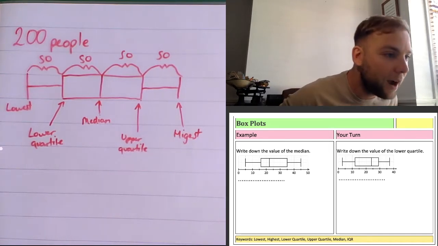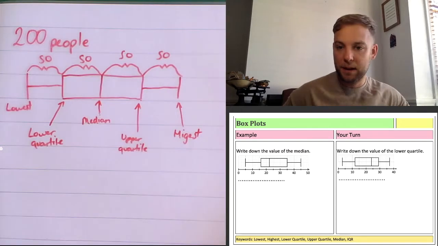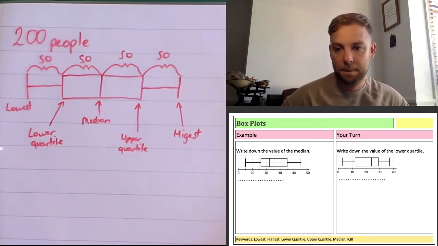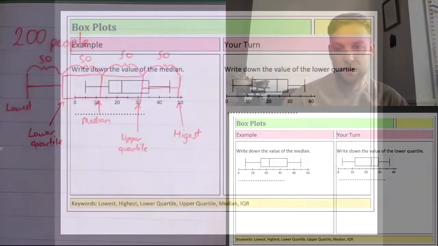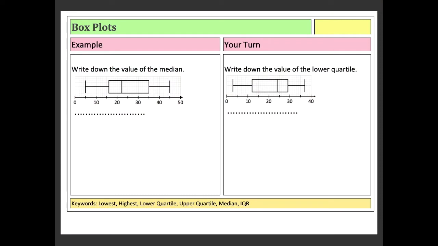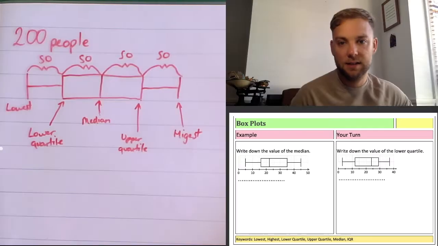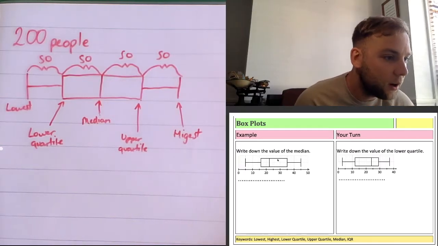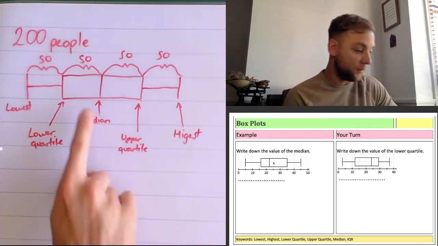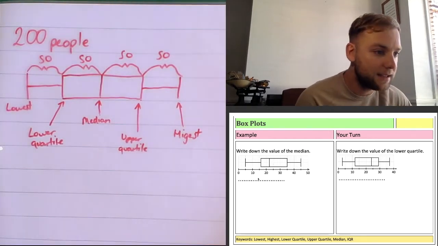So write down the value of the median. I'll make it big for you so you can see it. I think everybody should be able to do this right now. So write down the value of the median. So having a little look at this, the median is going to be that middle value here, like this one. So we need to see how far across that is.